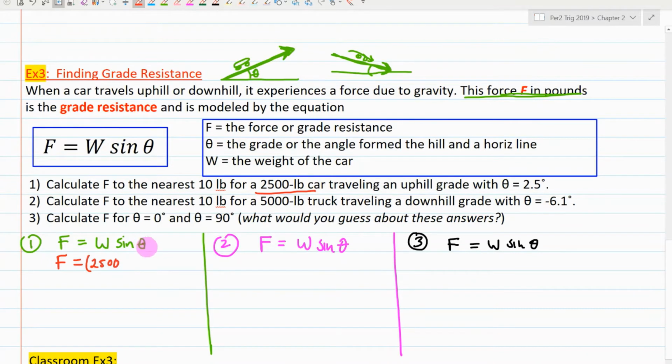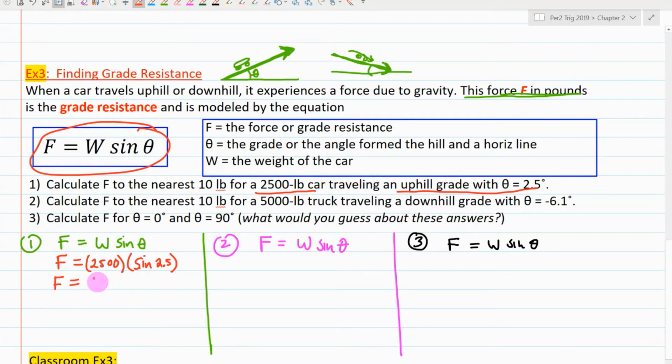Everything is in pounds except for theta. Theta is a degree in this formula. And then theta is 2.5. A lot of people just put 2.5 here and they get the wrong answer. Be careful there. It's sine of 2.5, which is a very small number.